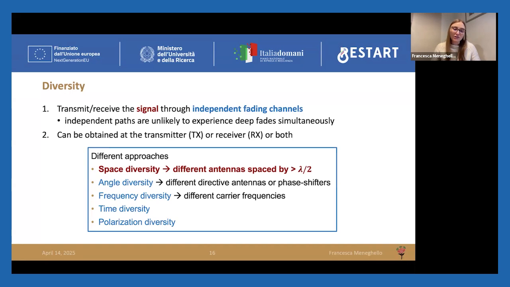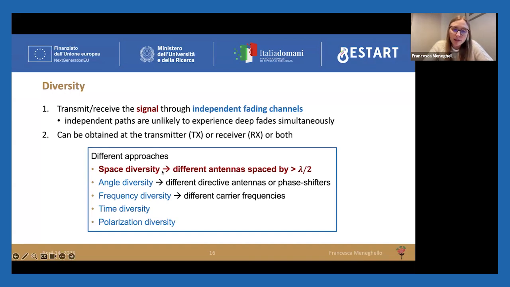But diversity can also be leveraged in other domains. So for example, in the angle domain, by transmitting signals through different directive antennas, or in the frequency domain, by considering different carrier frequencies and transmitting the same signal over the different carrier frequencies. Again, in the time domain, so transmitting the same signal several times in time, or also by using different antennas with different polarizations. So now we will focus on the space diversity.